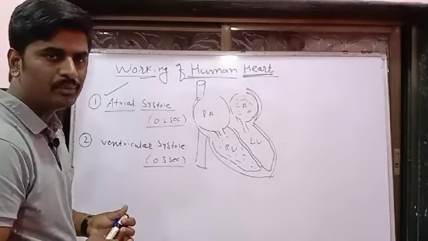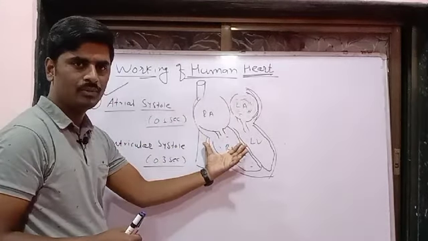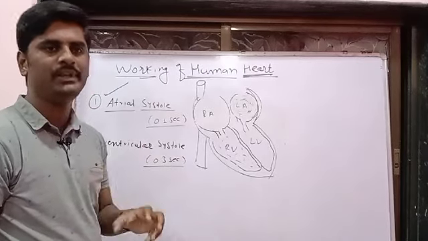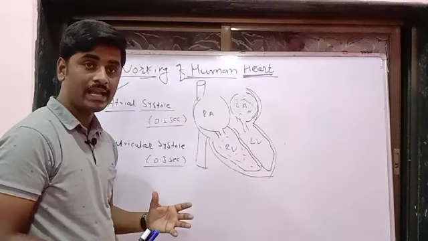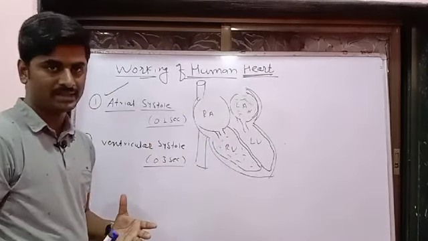One thing you have to keep in mind is that auricles and ventricles do not go into the systolic condition simultaneously. When the atria undergo contraction, the ventricle relaxes, and when the ventricle undergoes contraction, the auricles become relaxed.